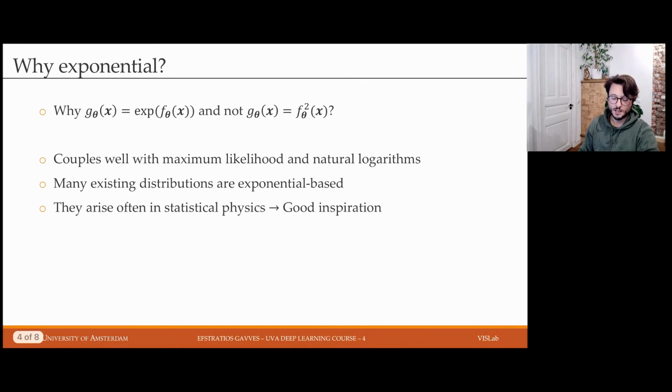So why do we pick exponential and not, for instance, a squared function? Well, there are a couple of reasons. First, the exponential couples well with maximum likelihood and natural logarithm learning. So log of p and the exponential cancel each other. It becomes convenient when our p is basically exponential, right? The exponential cancels with the logarithm.